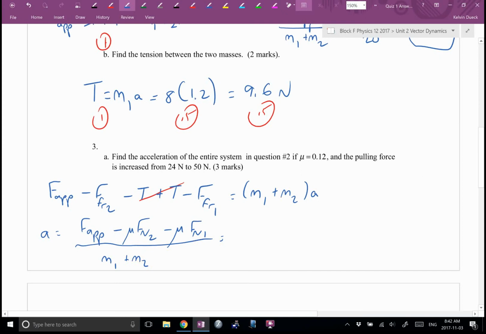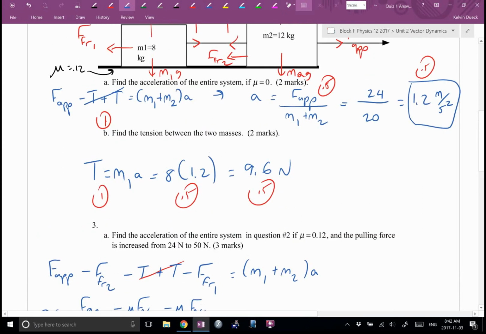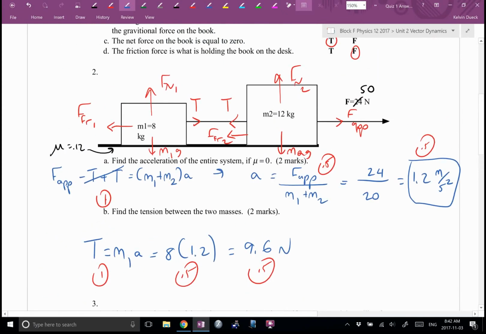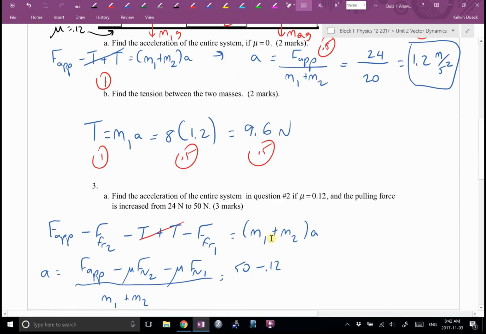It's going to be F applied, 50, minus 0.12. I don't know normal force number 2. Oh, but look. I know the force that's the same size as normal force number 2. 12 times 9.8 minus 0.12 times 8 times 9.8 all over 8 plus 12.